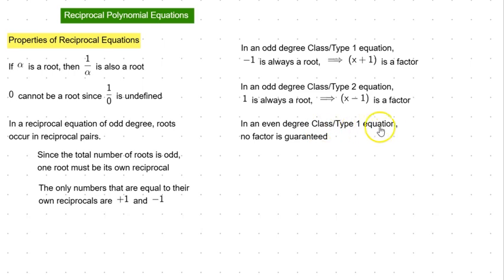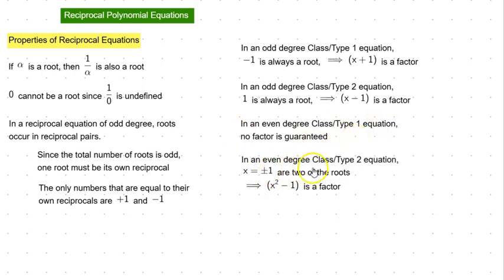Now, in an even degree type 1 equation, no factor is guaranteed. In an even degree type 2 equation, x equal to plus or minus 1 are two of the roots, which implies x square minus 1 is a factor. So based on this, if you can recognize a given polynomial equation as a reciprocal equation, immediately you will know at least one or two factors.